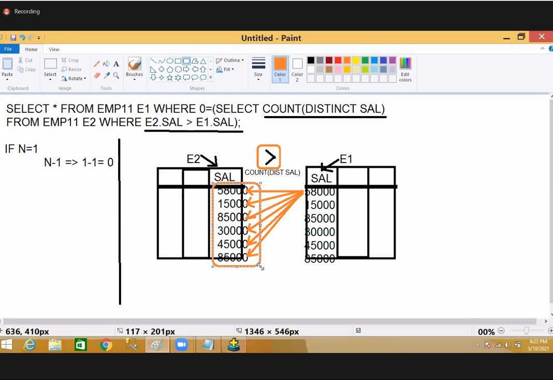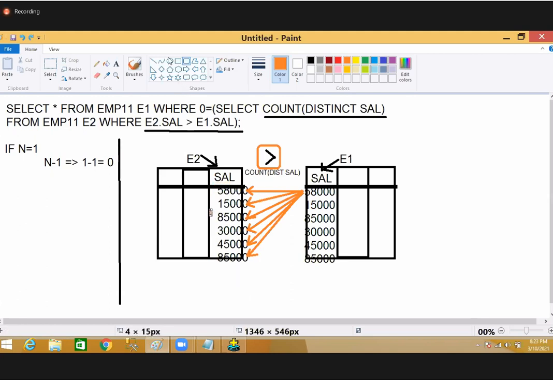I'm asking above here. Yes, two values are there.